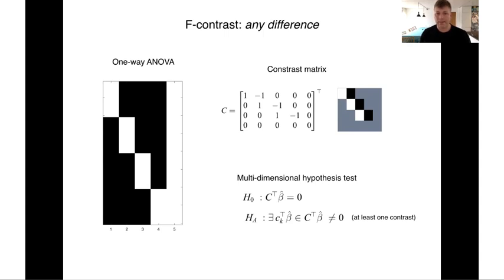And the multidimensional hypothesis test is again that there exists at least one contrast, so at least one row of this design matrix times beta hat, at least one contrast estimate of all the contrasts, of all the rows, that is different from 0. So that's the alternative hypothesis.